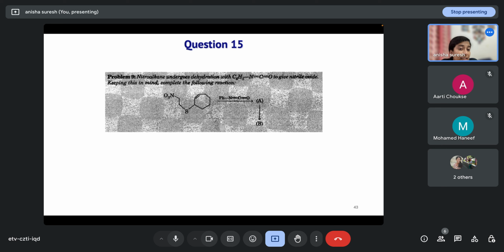So what will be A? It will be the reaction of this nitroalkane with phenyl isocyanate giving the nitrile oxide, which is a 1,3 dipole.